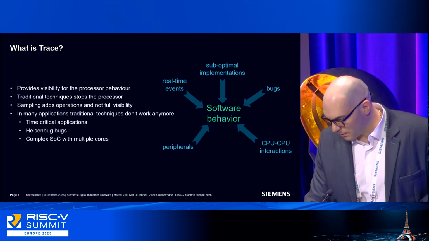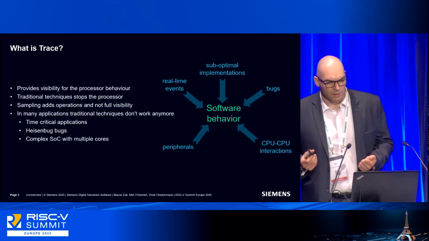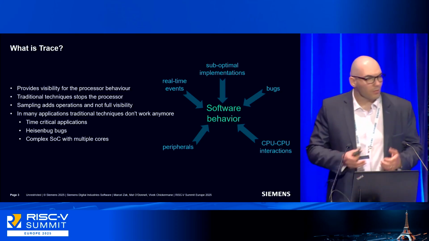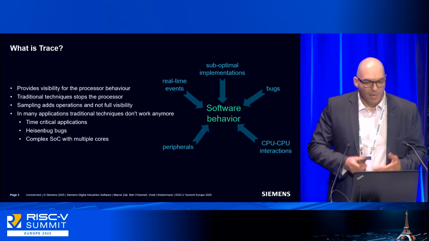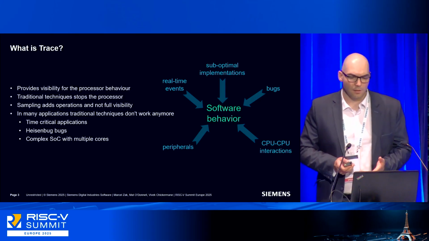Trace becomes particularly valuable in modern applications where traditional debugging really doesn't work anymore. Think about complex SoCs with multiple cores, or scenarios where you need to understand your CPU to peripheral interactions, or real-time systems. You can't just halt these systems and expect meaningful results.